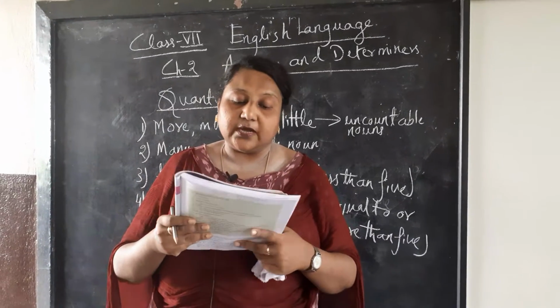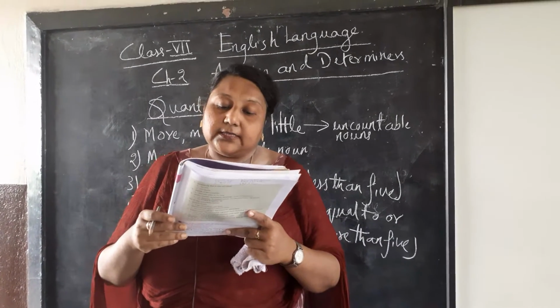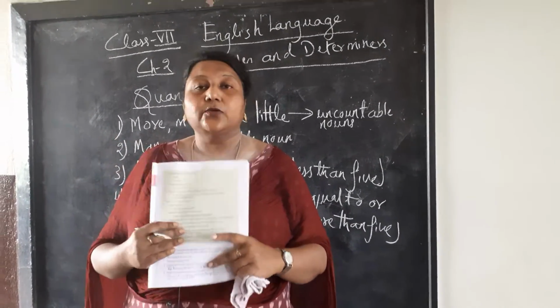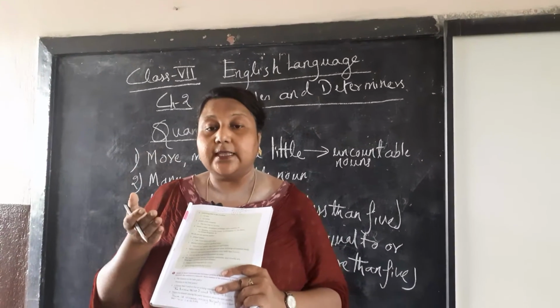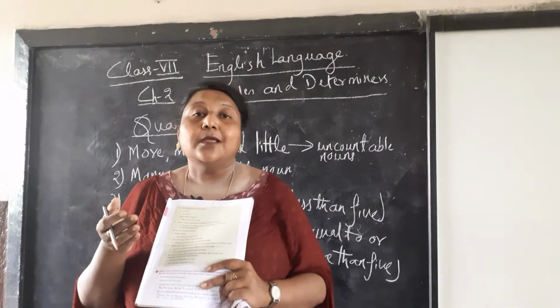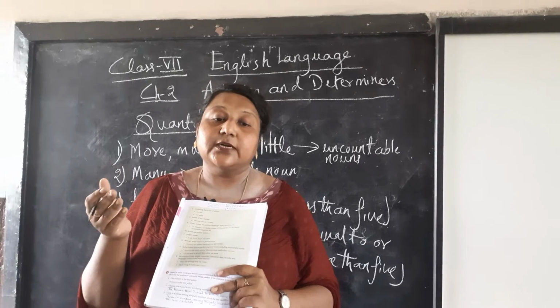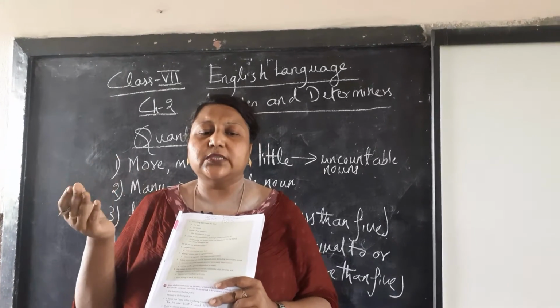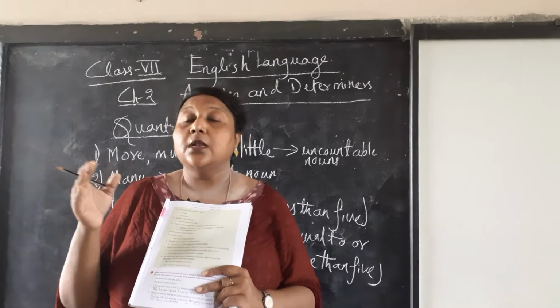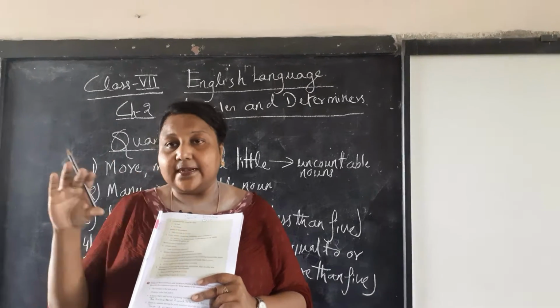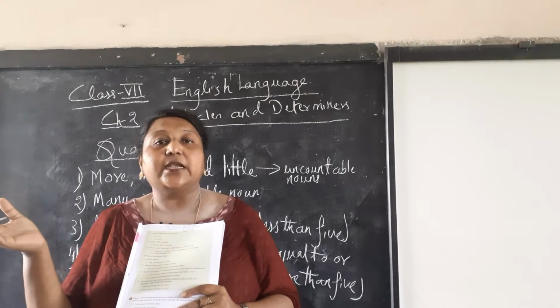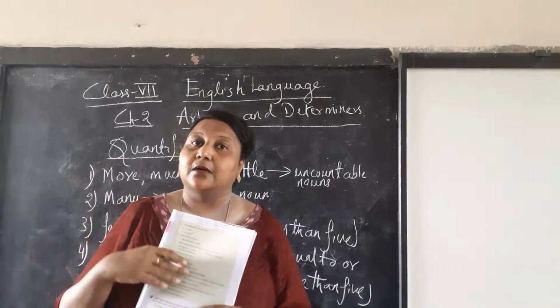That also comes under ordinals. Next comes interrogatives. As you know, interrogative means to ask, to interrogate or to inquire. So, naturally WH words, who, which, whom, whose, then how, all come in the sentence and it ends with a question mark.